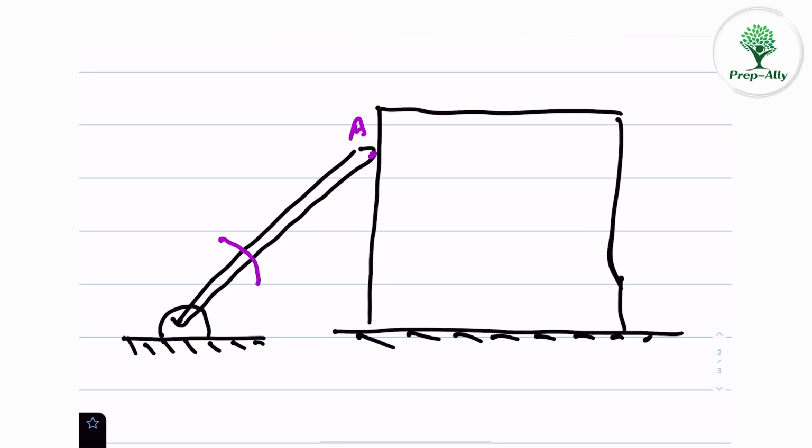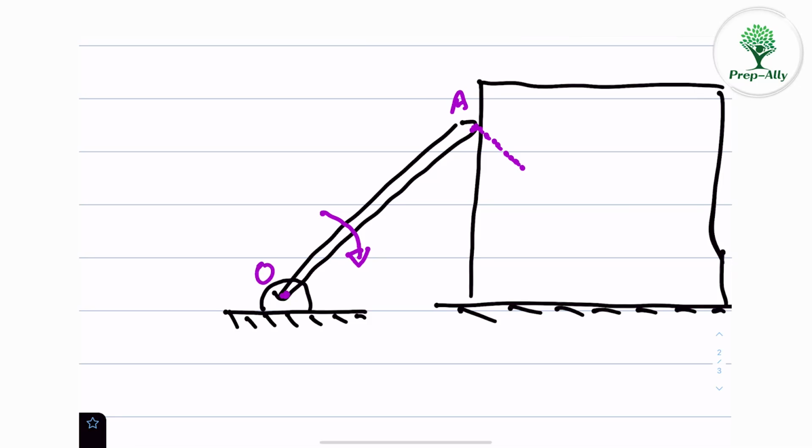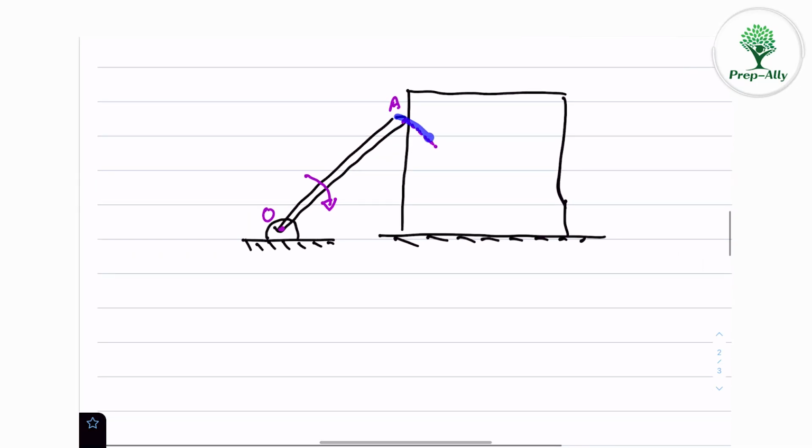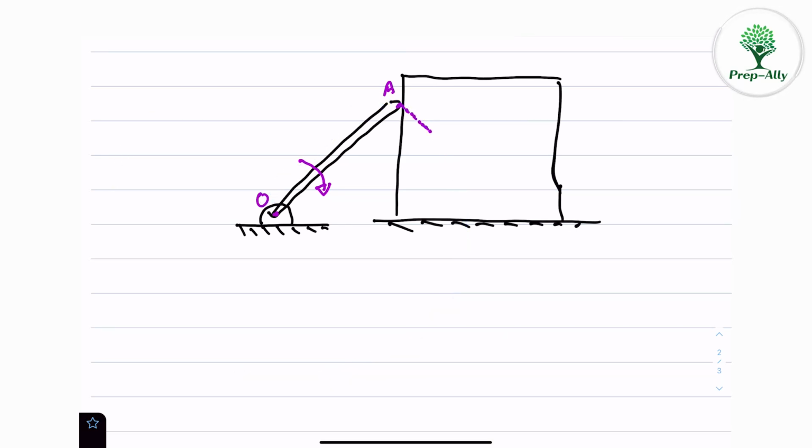When the rod is rotating, this point A is moving in a circle with the hinge as center, and the radius of the circle is L. For its circular motion, the velocity of A is tangential, and if the angular velocity of the rod is omega, then A's velocity is omega L.